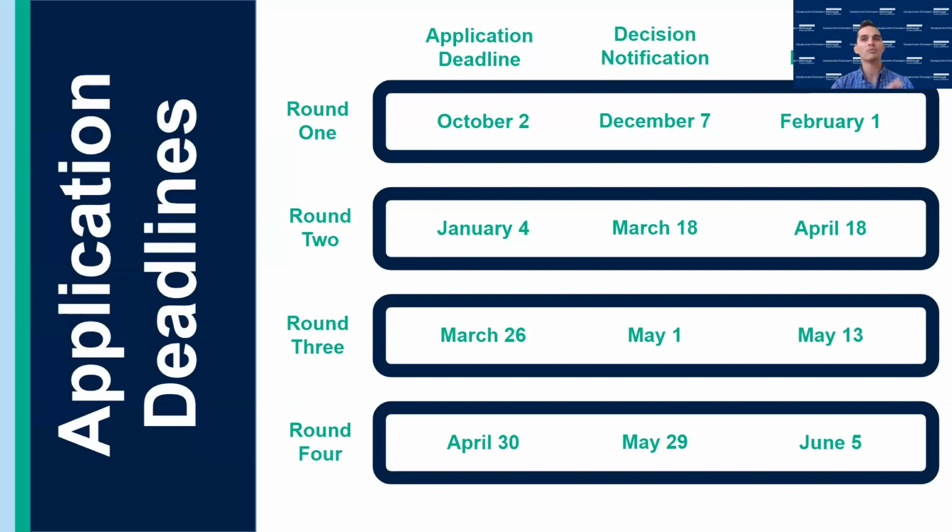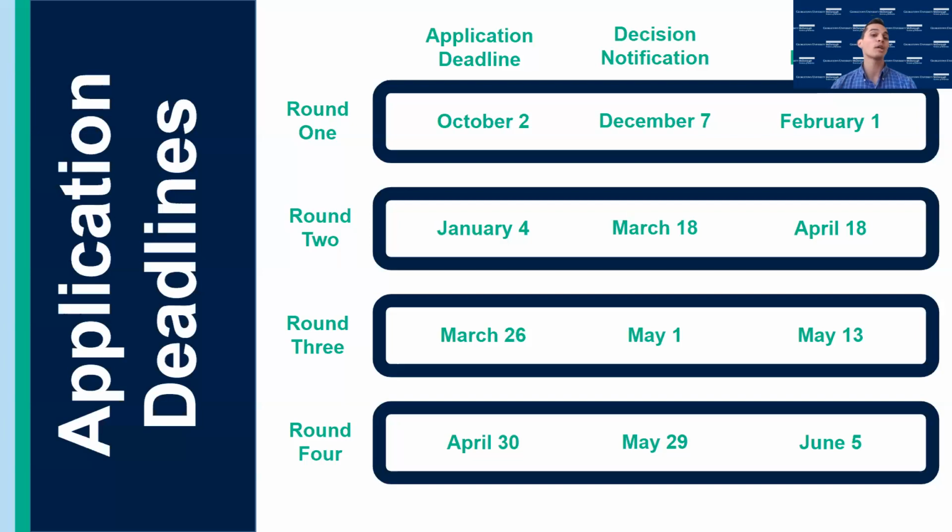Now, big thing to emphasize: make sure that your application is complete on December 4th. So what I mean by that is, let's say, your recommendation is a required application component. Without your recommendation, we cannot begin the review of an application.